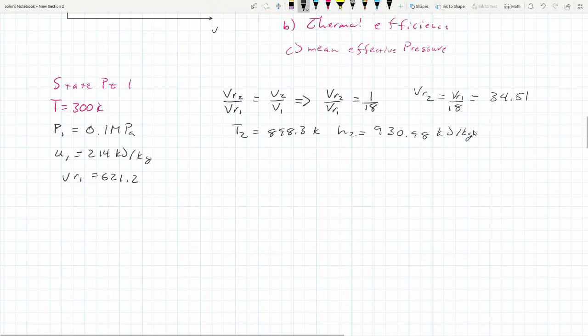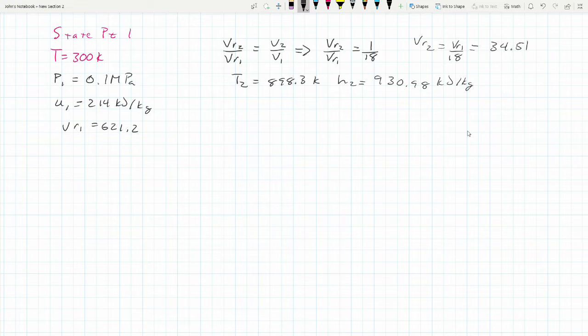Well, this is an ideal gas, so we can just use the ideal gas equation, PV equals nRT. Now, nR is going to be constant throughout the entire thing, so we get P2 V2 over T2 is equal to P1 V1 over T1. So we can do P2 is equal to P1 times V1 over V2 times T2 over T1.